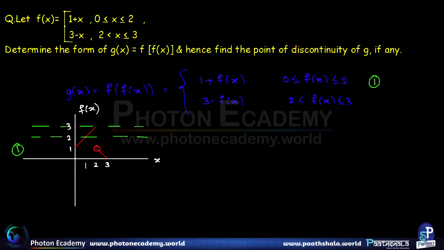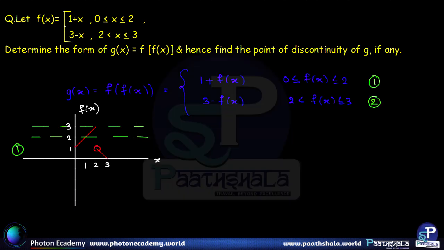If this is the second part, then the second part is over here. So now what we have to do is see the values of f of x and find the corresponding values of x for that.